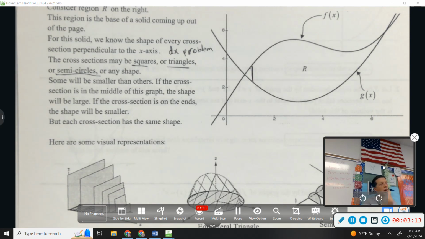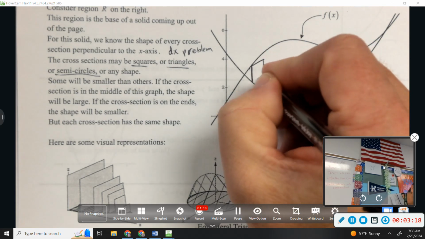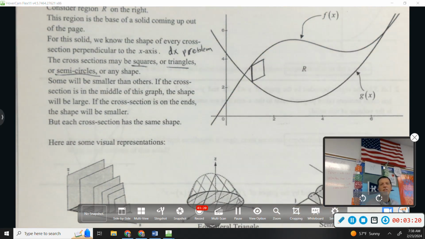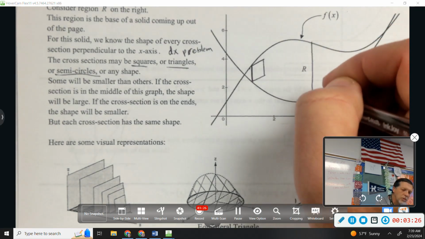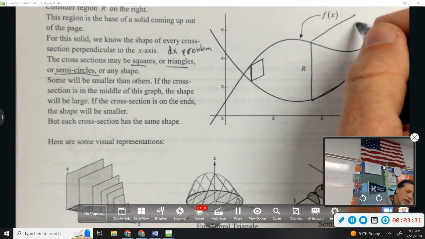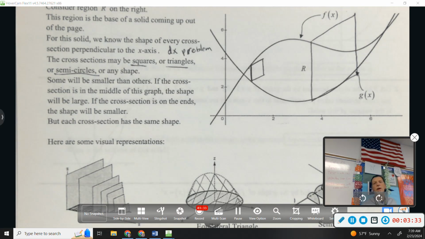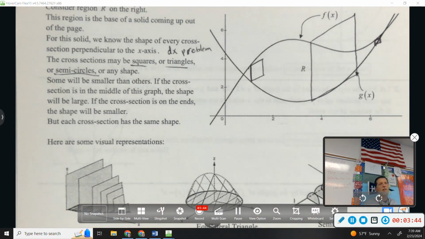I want a square coming up out of the page, so you have to figure out how to draw a small square coming out of the page, as opposed to way over here, that's going to be a much larger square. And then again, way over here, you'd have a really small square.